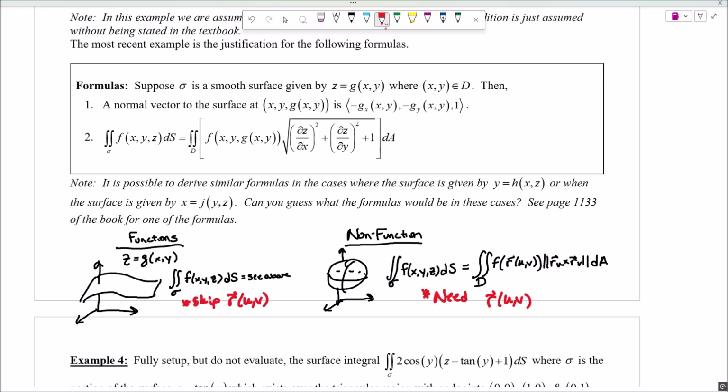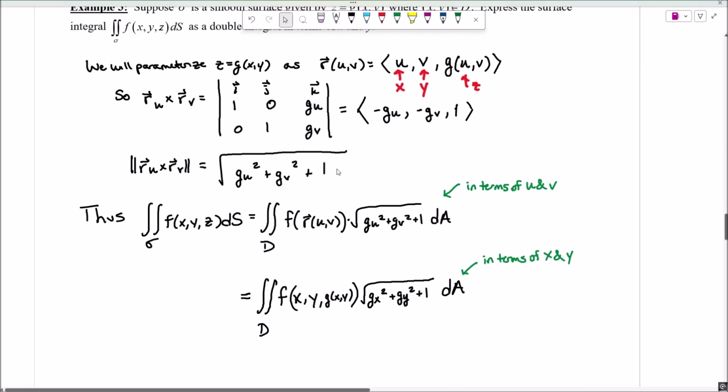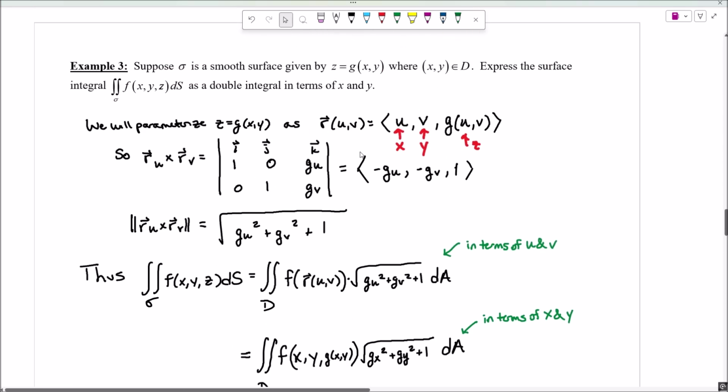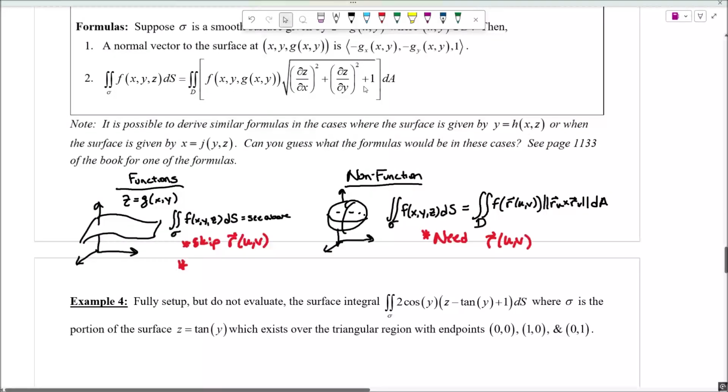Okay. There's one other thing to note here, which is that functions technically could do a parameterization if we wanted to. Just like we saw up above in this little derivation, there's nothing to stop me from doing a parameterization if I have a nice function. But what's really important here is that R of uv is not necessary. And maybe that means I should go ahead and actually write it like this.